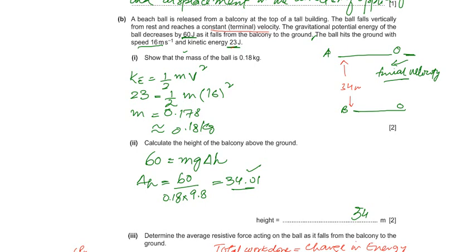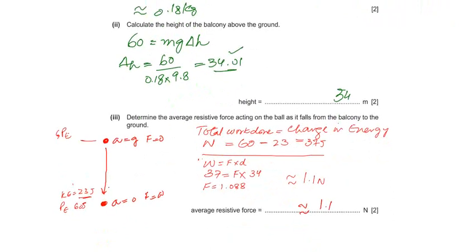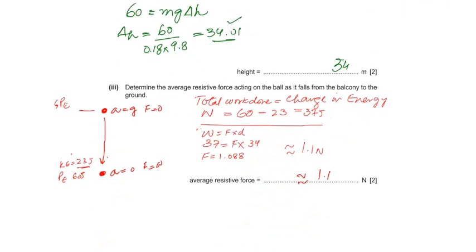Okay, so the last part: determine the average resistive force acting on the ball as it falls from the balcony to the ground. The total work done, which is done by the air, is responsible for the reduction of the energy. So total work done equals the change in energy.